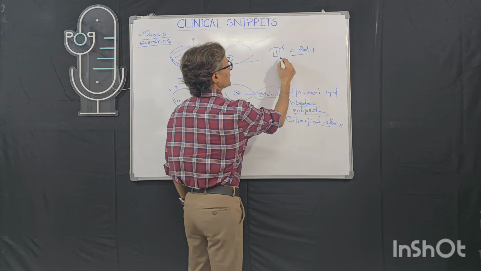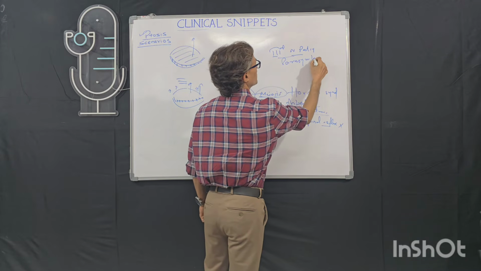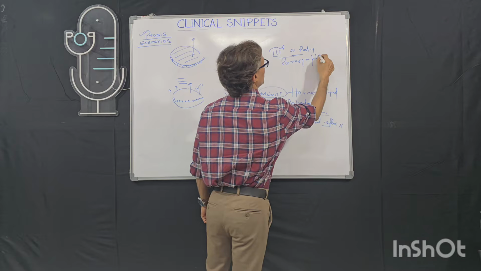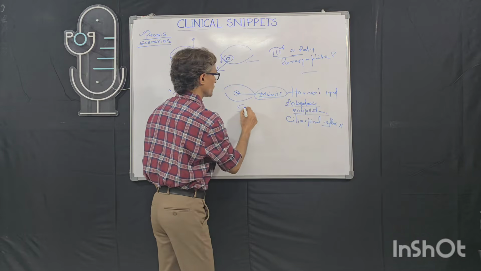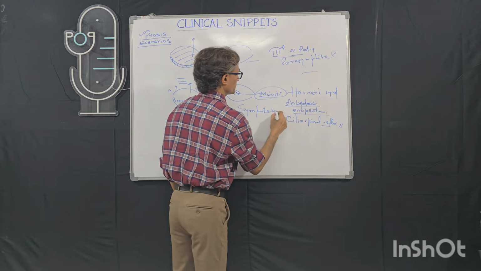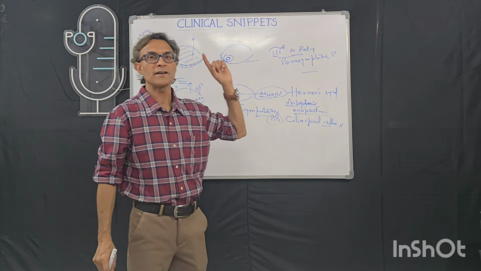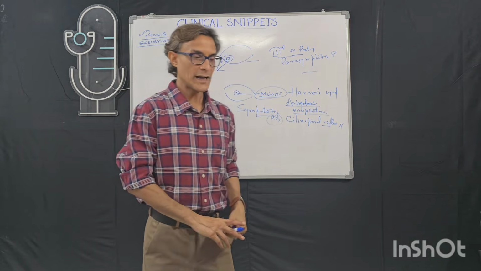Here, scenario 1 was parasympathetic paralysis, parasympathetic palsy. Horner syndrome is due to sympathetic palsy. That's why myosis, that's why mydriasis. So two scenarios of ptosis.